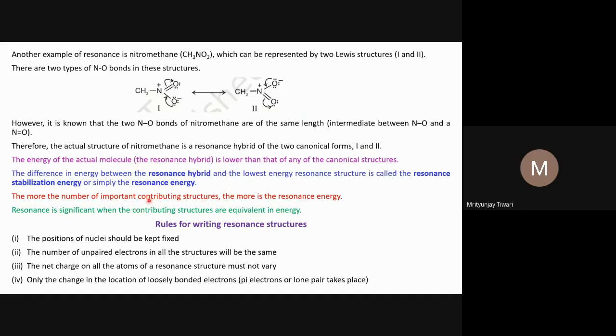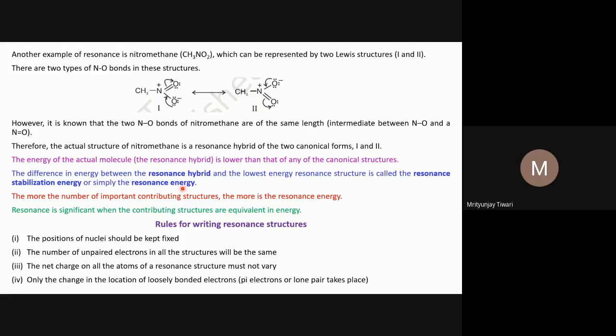The more the number of important contributing structures, the more is the resonance energy. This is also a very important point. If you can write a larger number of resonance structures for one molecule and fewer for another, the molecule with the higher number of resonance structures is usually more stable.